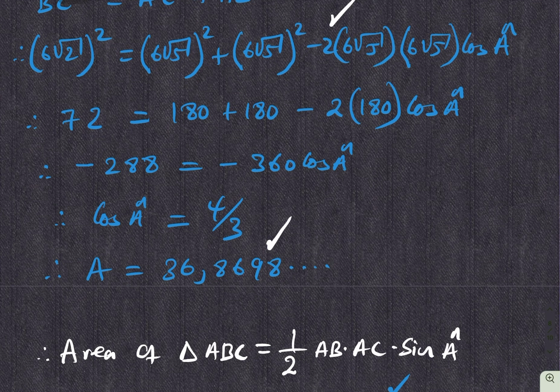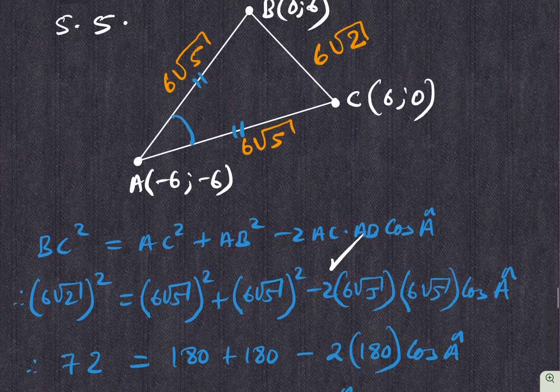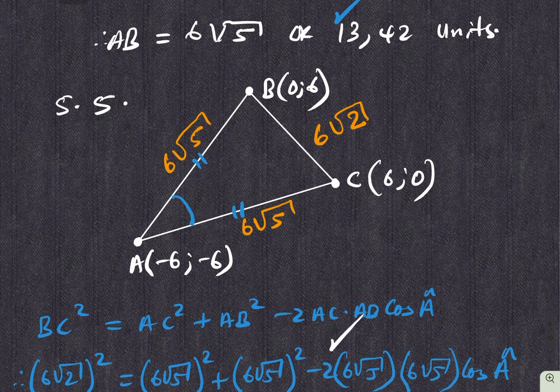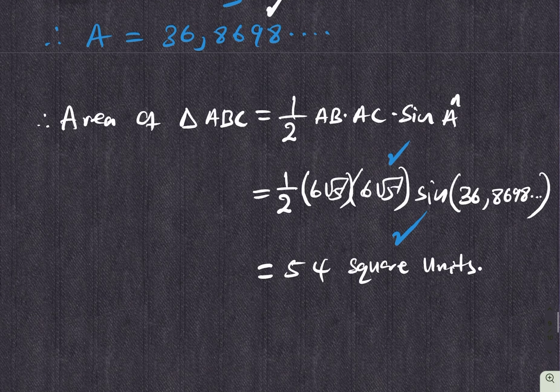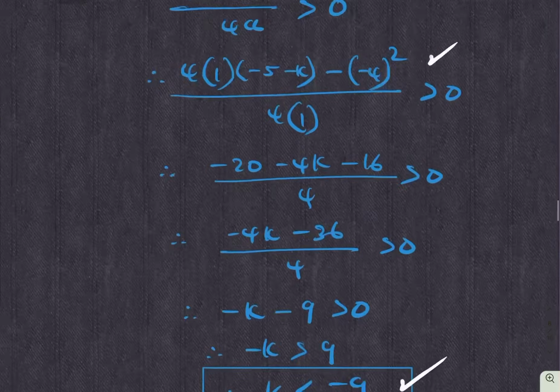And then the last one now will be to get the angle A, and to be able to get the sides of the remaining BC and AC, and that makes it 5 marks. That's how you will go about question 5.